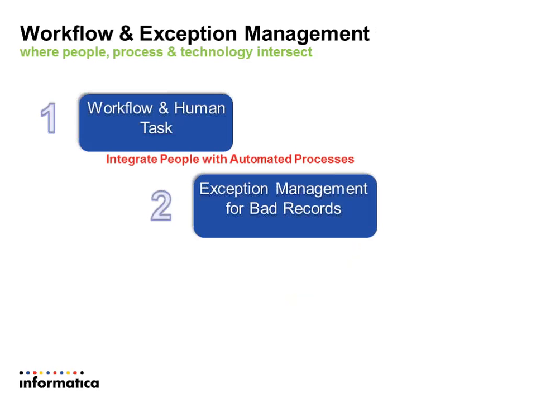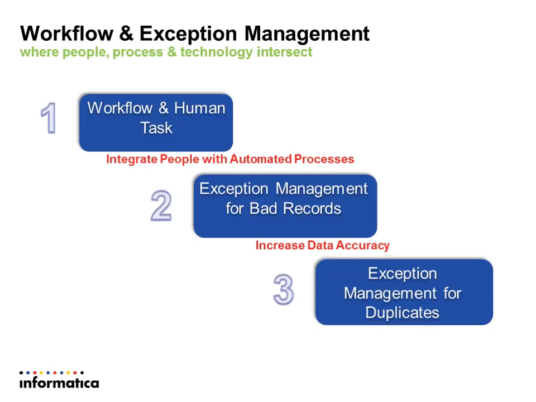Second, we manage the exceptions created for the bad records to increase data accuracy. And third, like the bad record exception, we also manage duplicate exceptions to remove the duplicates and create a master record. With this, let us understand the process flow of these steps.